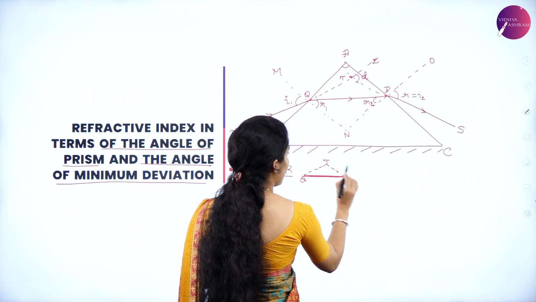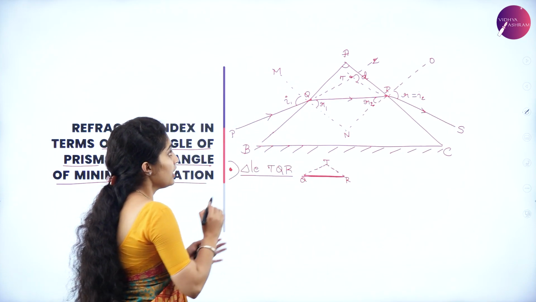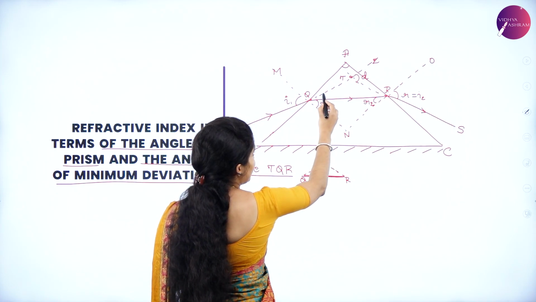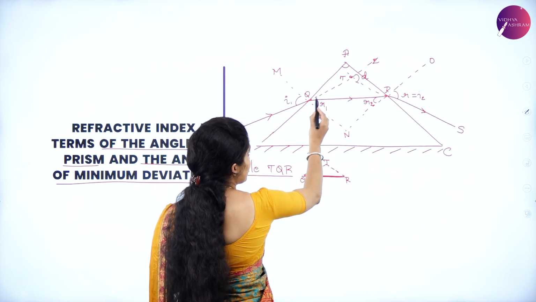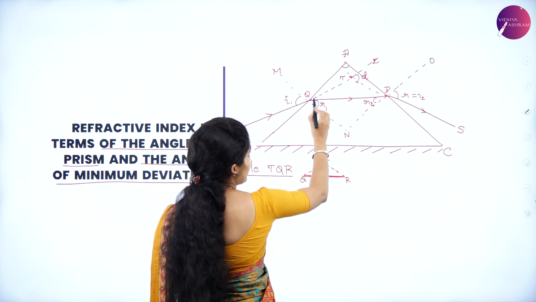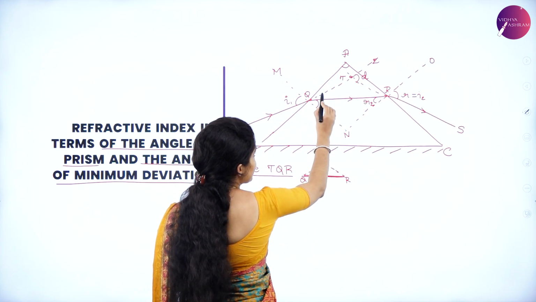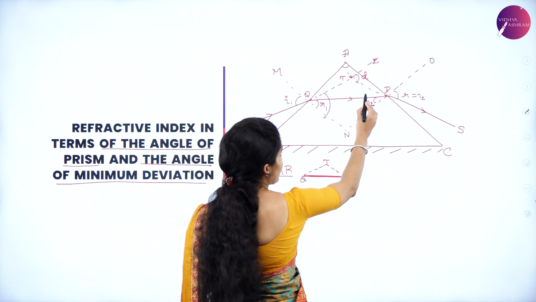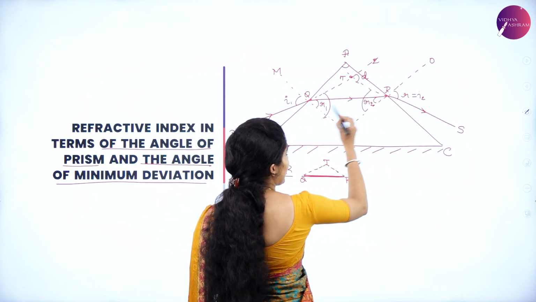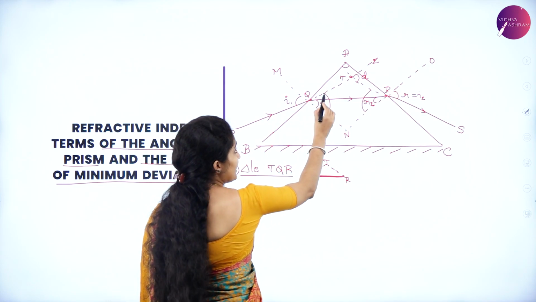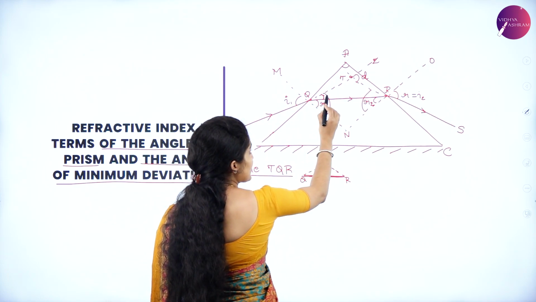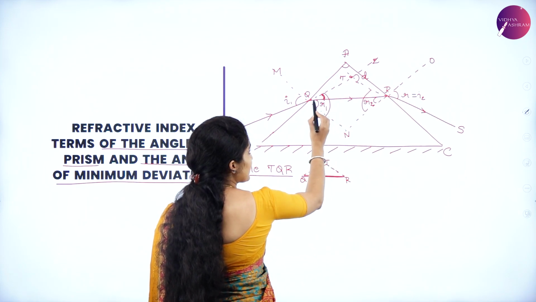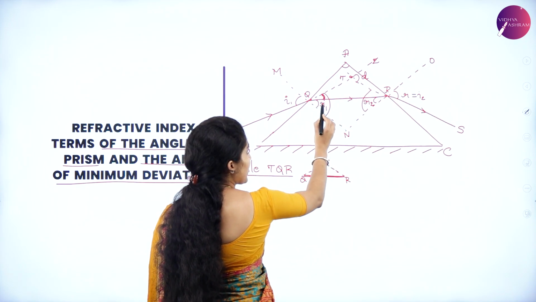Q and R. Okay, and here we have, since the complete angle is angle of incidence, because this angle is equal to this angle, the complete set I can take as angle of incidence. Similarly, here also the complete set I can take as angle of incidence. But I need only this angle. So this angle can be written as, from I1, you're subtracting R1.